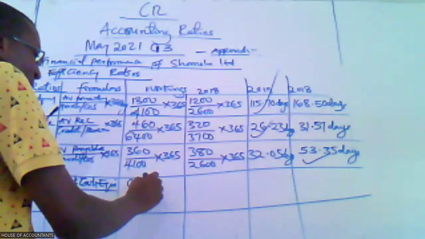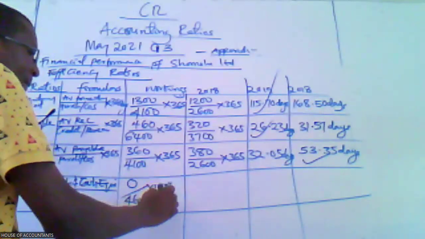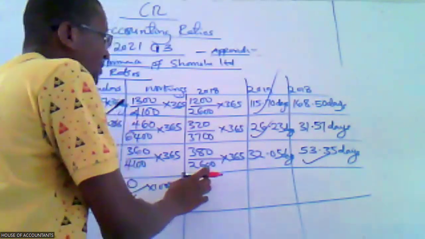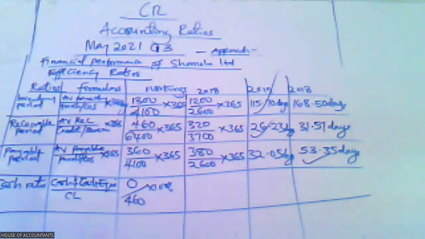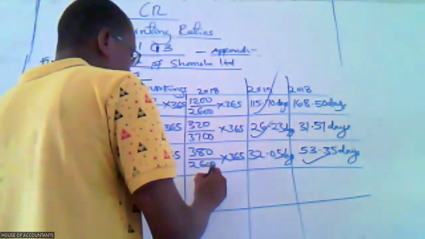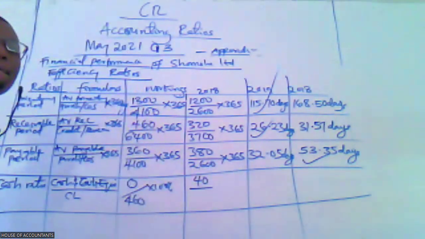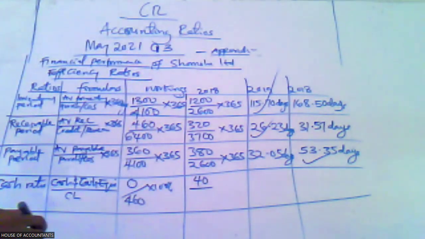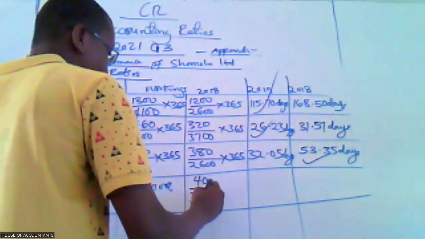What do we get? Multiply by 100%. How about the second one? Over 380.